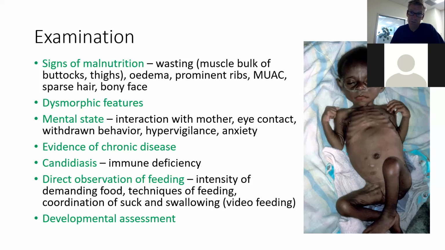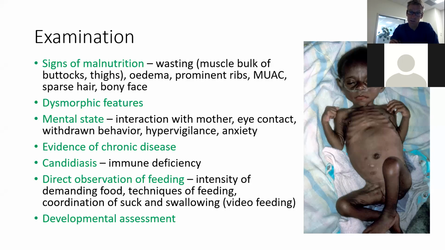And then look for evidence of chronic disease, and look for signs of immune deficiency, so candidiasis or lymphadenopathy or hepatosplenomegaly. At the same time as you're assessing the child's mental state or their psychosocial situation, I find it useful to observe the child feeding, and to see whether the child's actually interested in feeding, whether they demand food, what their techniques of feeding are, and whether they can coordinate a suck or a swallow.